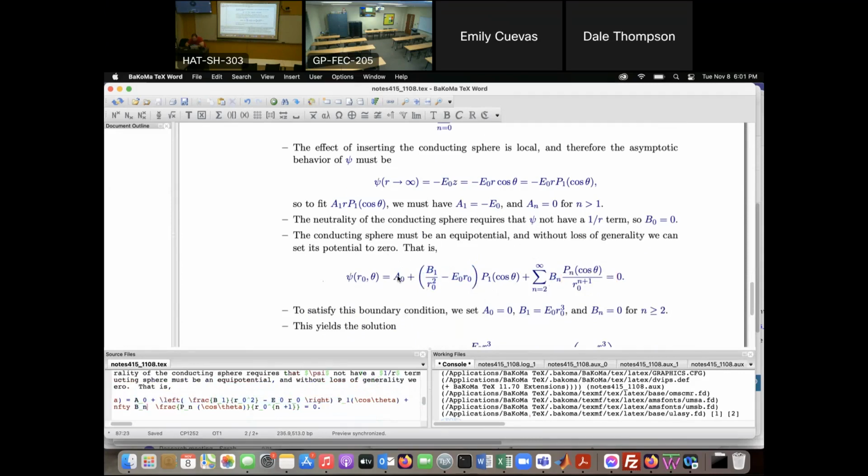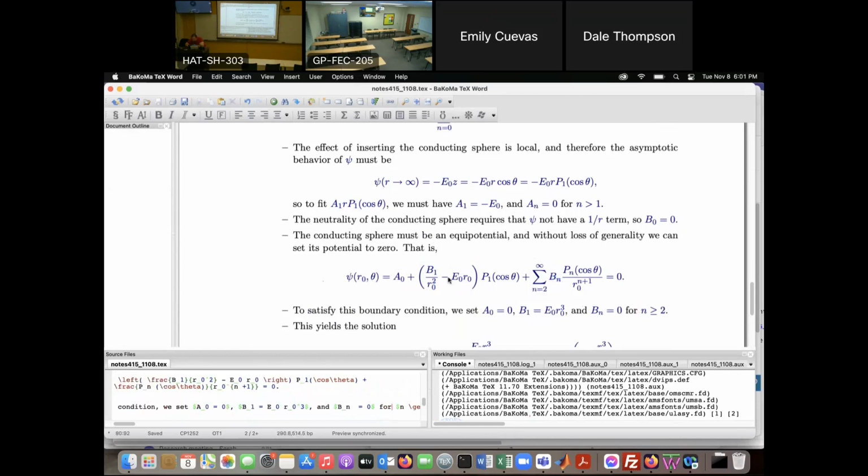So a0 is 0. All the higher order b's are 0. And then to make sure that this is 0, that gives me this value for b1.